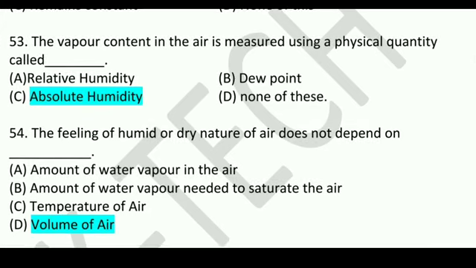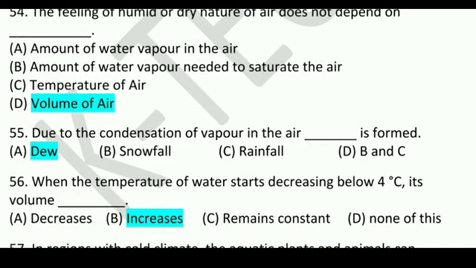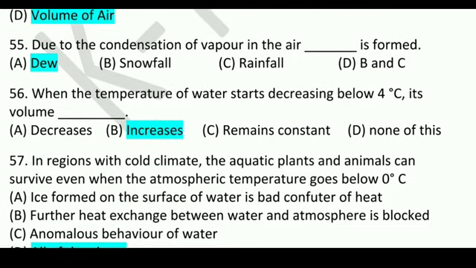The vapor content in the air is measured using a physical quantity called absolute humidity. The feeling of humid or dry nature of air does not depend on volume of air. Next question.